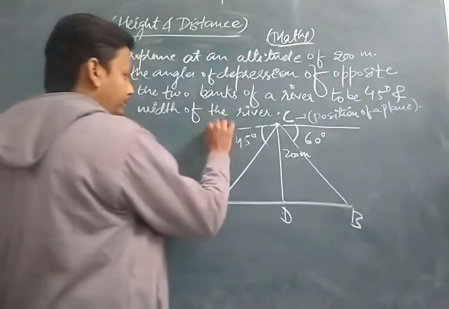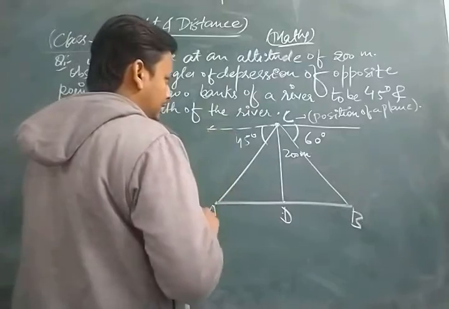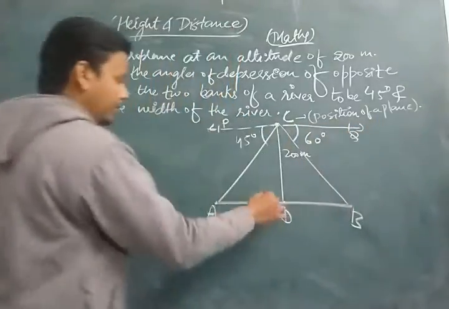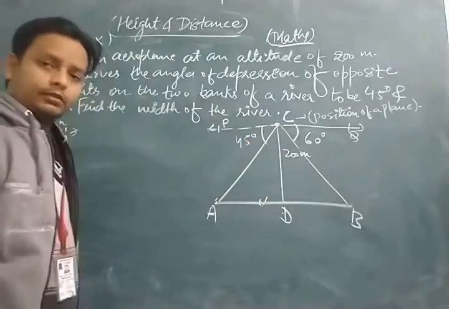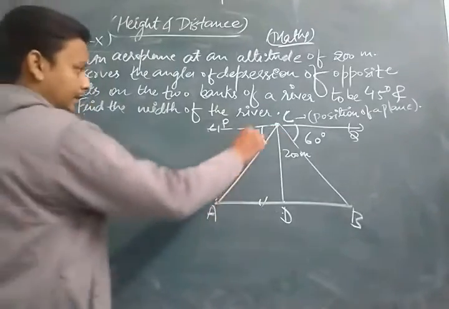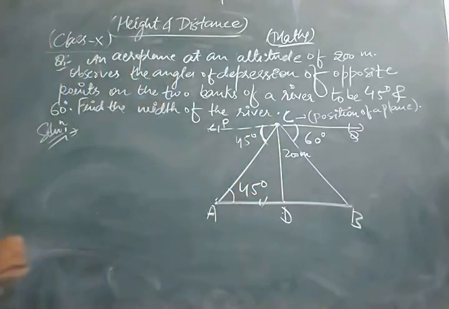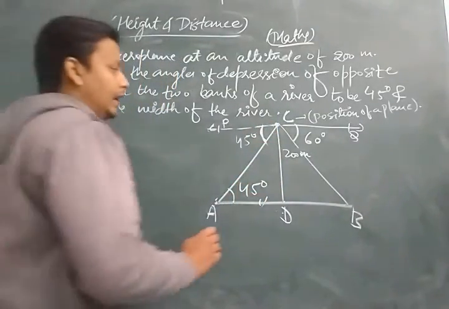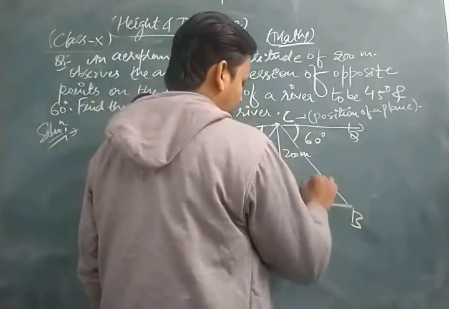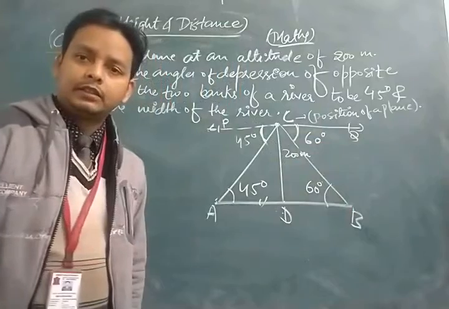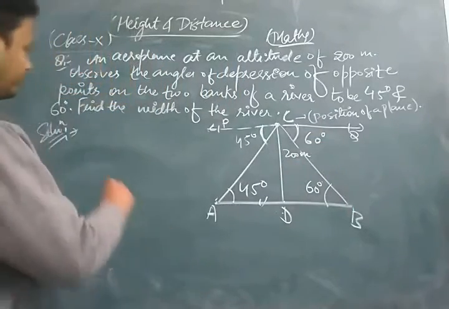Suppose that we draw PQ parallel to AB and let AC be a transversal. Then that 45 is also 45 degrees, and that 60 is also equal to 60 degrees. Now clear?